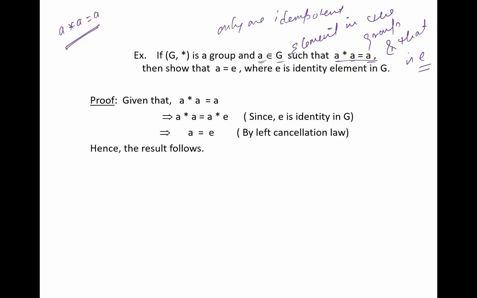So there is only one idempotent element in a group, and that is the identity element.